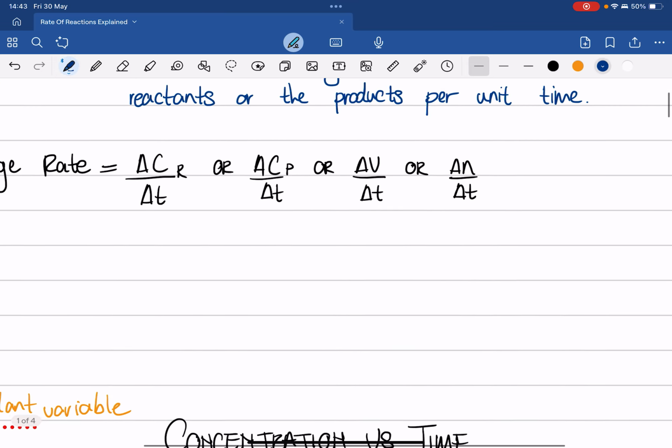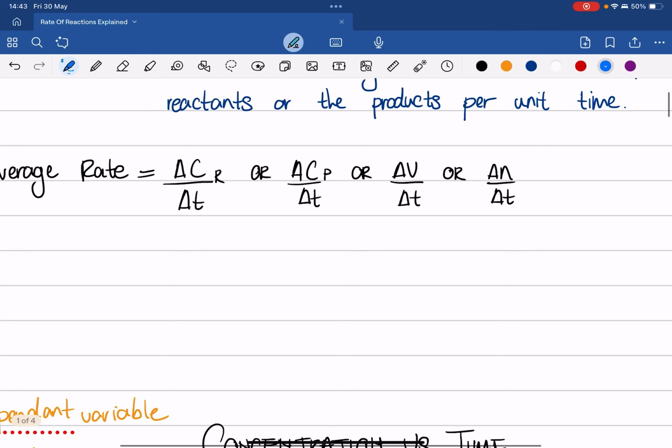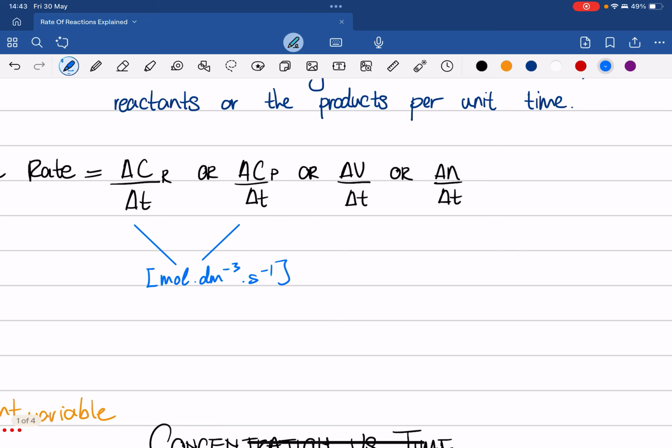If you were using concentration to calculate the rate, then the unit would be moles per decimeter cubed per second, right? Because rate is related to time, how fast.